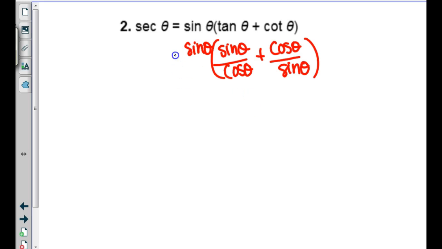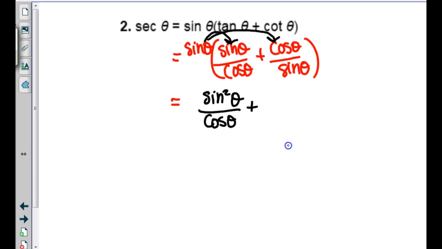Now what do you want to do, though? You want to distribute that through? Okay. So times the first one, it will become a sine squared over cosine. What do you want to do with the second one here?